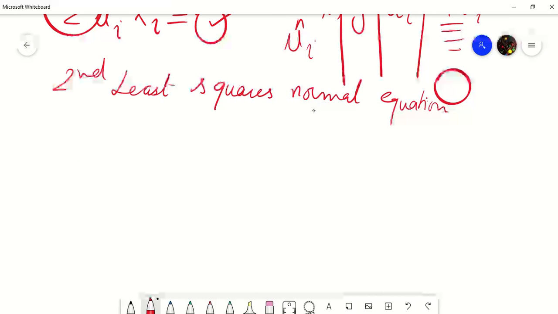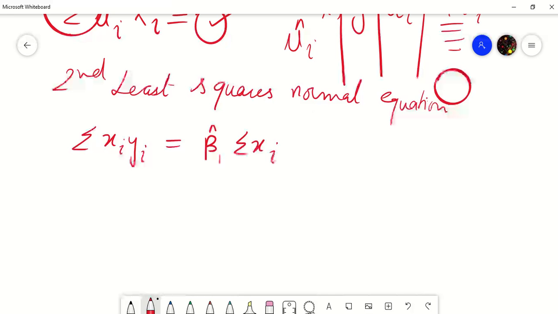The second least squares normal equation is summation xi yi equals beta 1 hat summation xi plus beta 2 hat summation xi square.